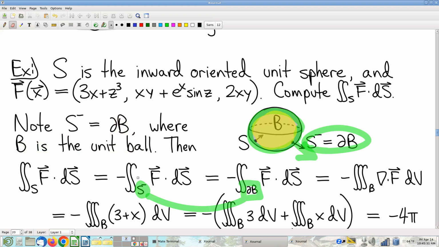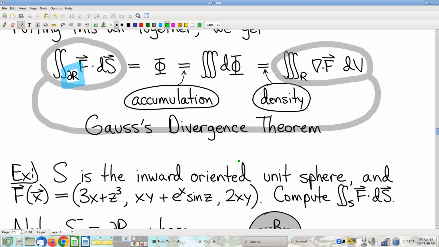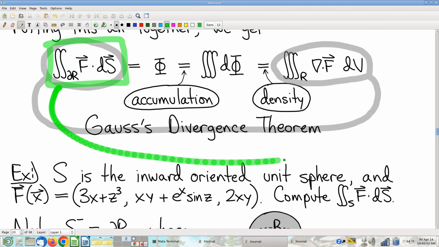And with that recognized, I can now say, oh, goody. Now I am literally looking at one of the sides of the Gauss's divergence theorem. Flux through the boundary of a vector field. That is straight up exactly what I've got there. And so I'm going to cite Gauss's divergence theorem and say, you know what? I'm going to rewrite that boundary flux as a triple integral of divergence.